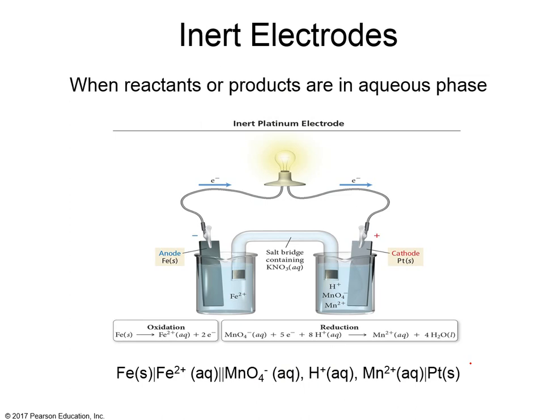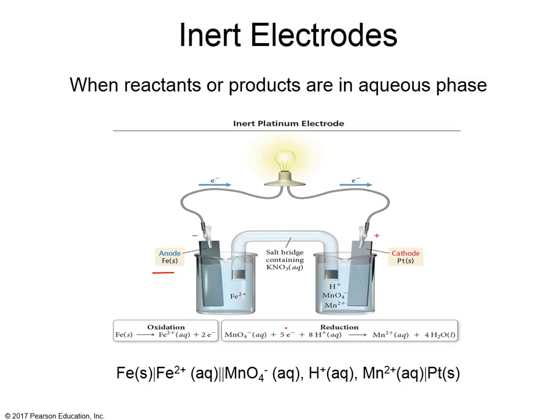Now, you may have certain situations where you are starting with a solid, but you are not forming another solid. For example, here, our products are in aqueous phase. They are not solid phase. Here, iron is a solid, but we don't have a solid in here.